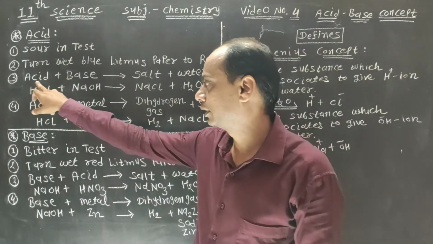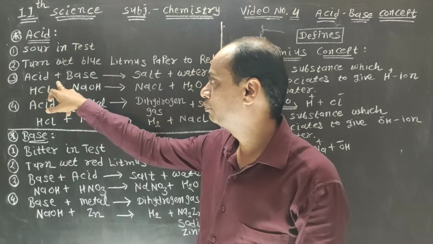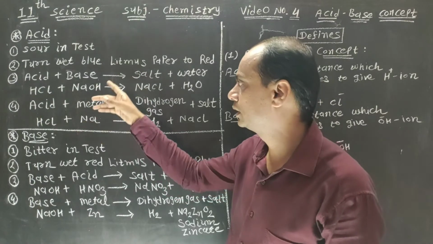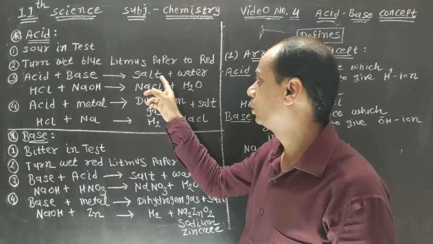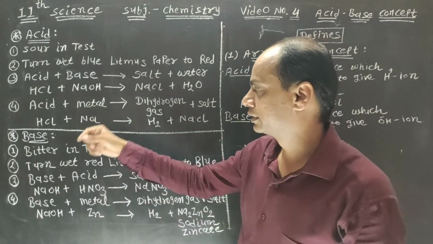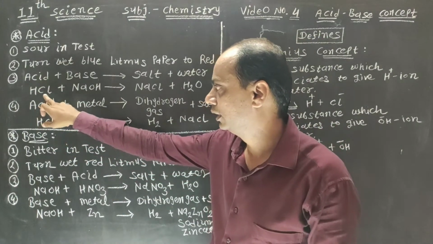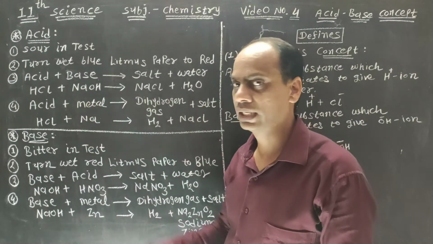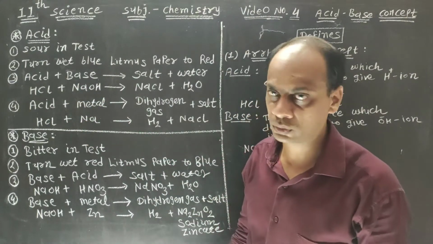Then, third characteristic. Acid plus base, means reaction of acid and base gives us salt and water. Here is the example. Acid is HCl, hydrochloric acid. Base is NaOH, sodium hydroxide.